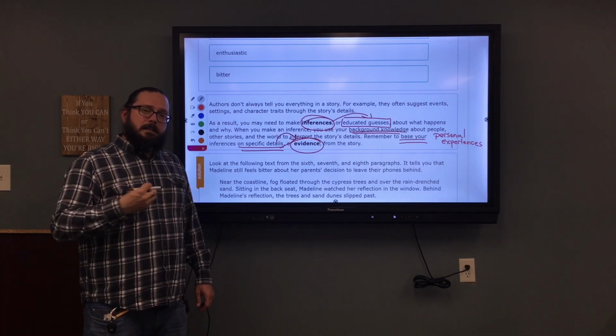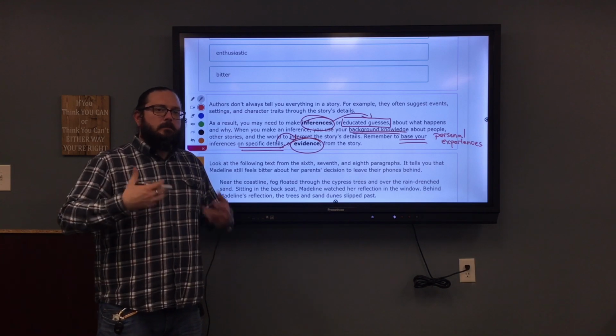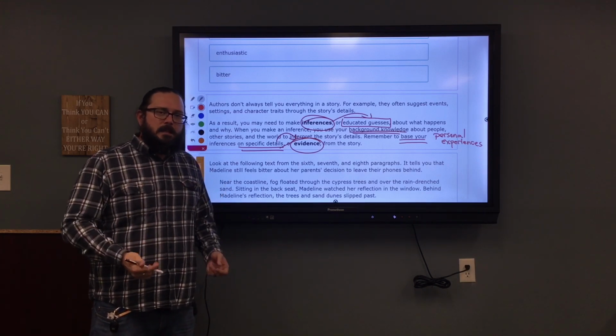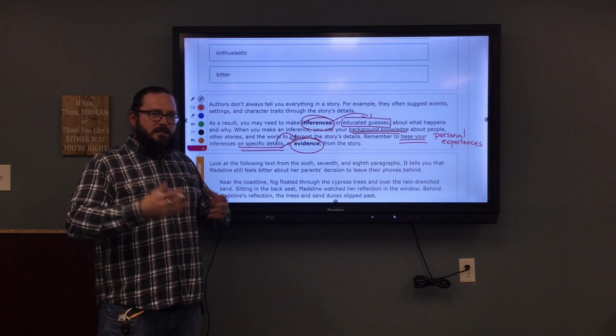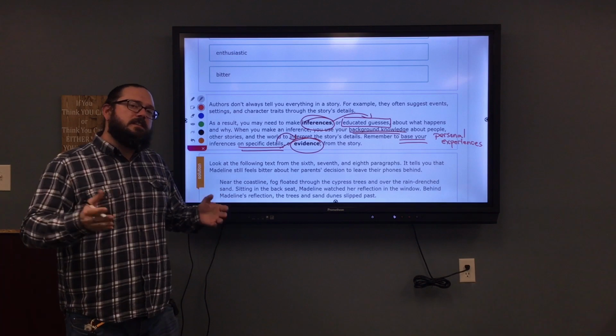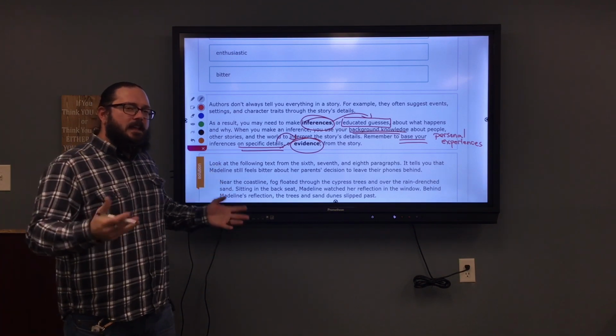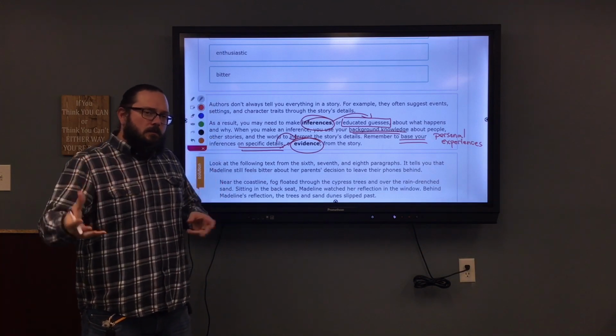So, when you make an inference, you're in essence being a reading detective. For a detective to draw a conclusion or state, this is specifically what is going on, this is what has happened, they have to gather evidence to support the claim that they are making.